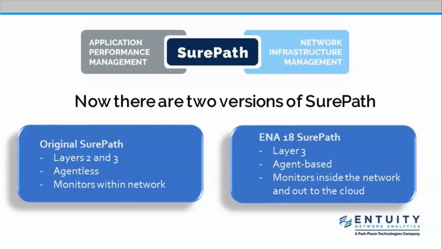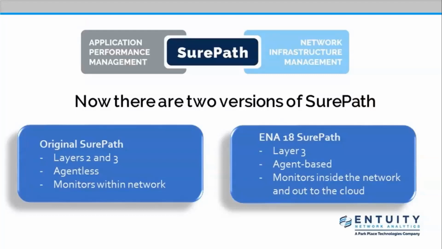The version of technology available prior to version 18 included what we are now calling agentless path discovery. On this slide, you can see it referred to as the original SurePath. Its key characteristics are that it is able to discover a path made up of both layer 2 and layer 3 hops.